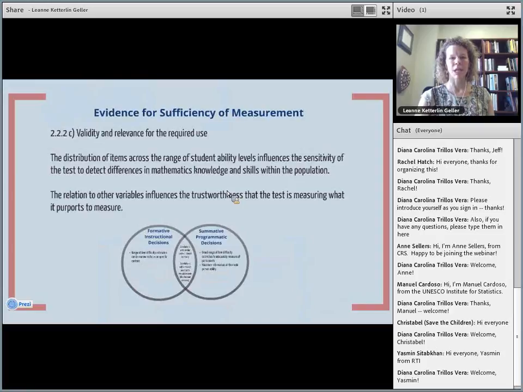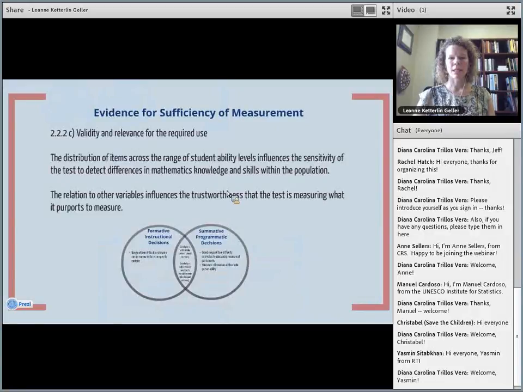So moving to the last indicator of technical adequacy, we'll look at 2.2.2, and that's the validity and relevance for the required use and the sufficiency of the measurement system. So we want to be able to make decisions, formative decisions or summative decisions, and the distributions across the range of ability level really influence our ability to detect differences in students' mathematics knowledge.